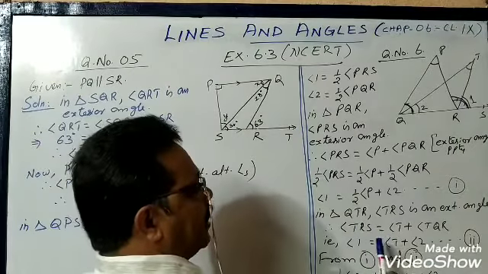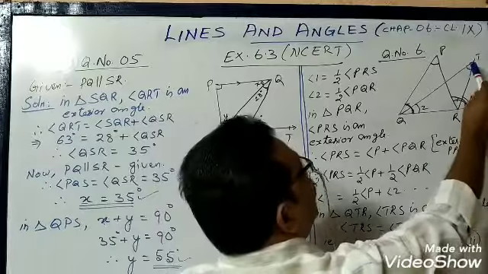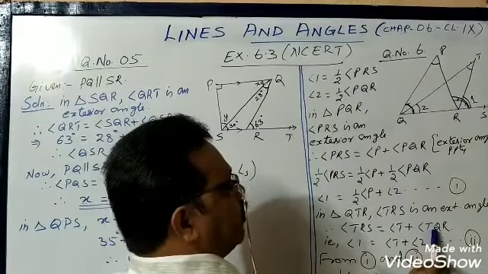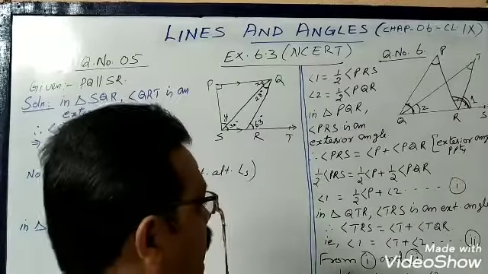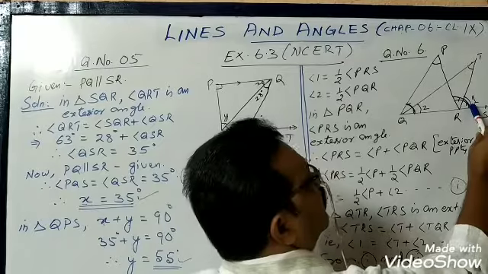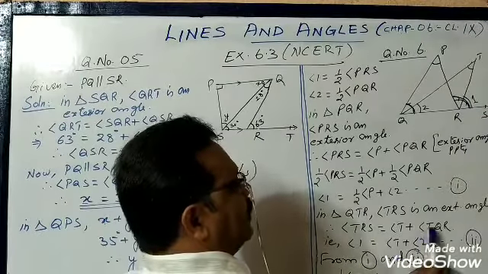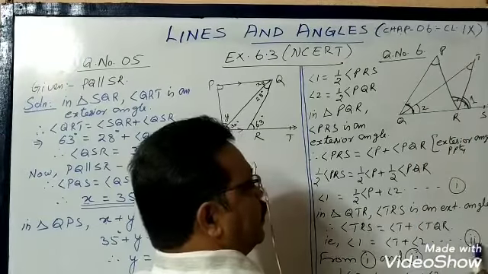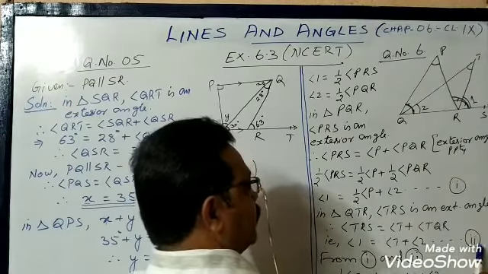Therefore, angle TRS is equal to angle T plus angle TQR. Exterior angle is equal to the sum of interior opposite angles. TRS is already angle 1, so angle 1 is equal to angle T plus TQR. TQR is angle 2. This is relation number 2.